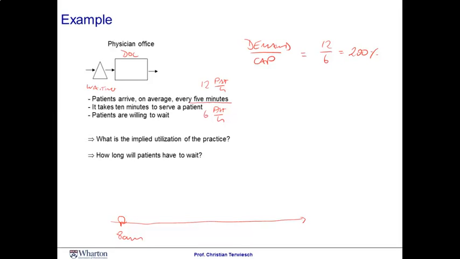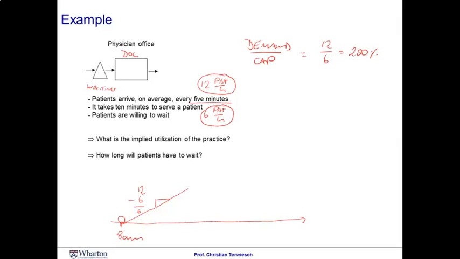However, as the day unfolds, things get worse, because we have 12 patients per hour come into the practice and 6 patients per hour being served. What happens is we have an accumulation of waiting patients. Inventory. How quickly does this accumulation occur? Well, we have 12 patients come in, we have 6 patients get served, so every hour we're accumulating 6 patients in the waiting room.